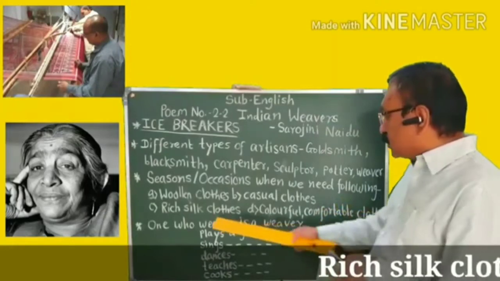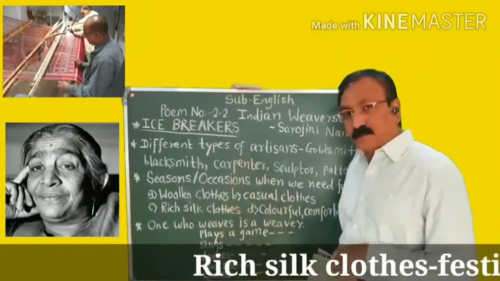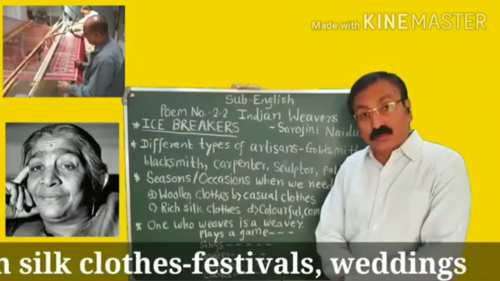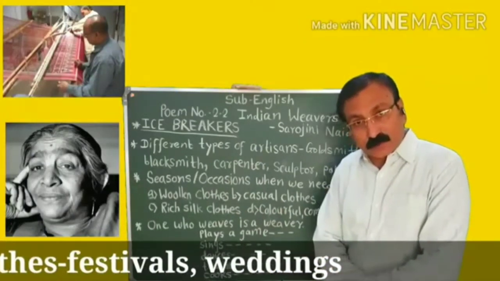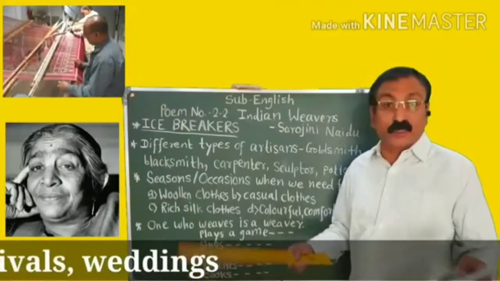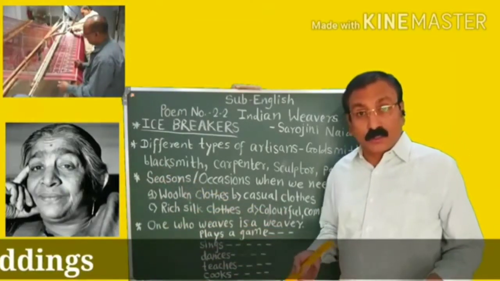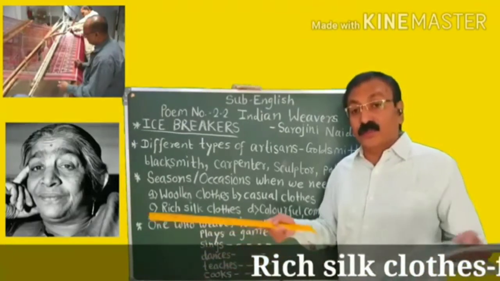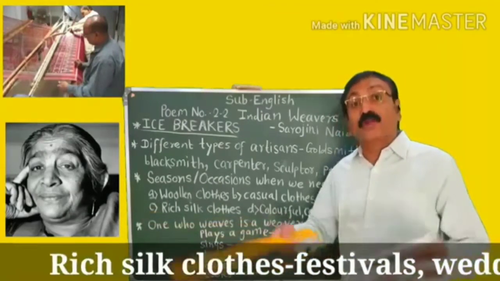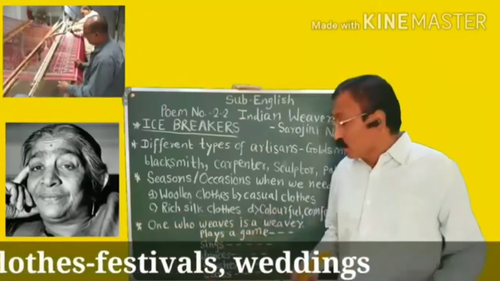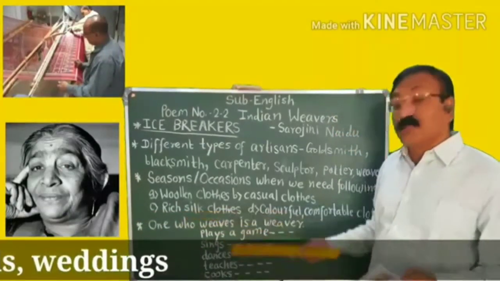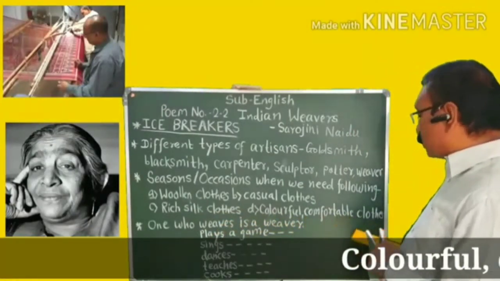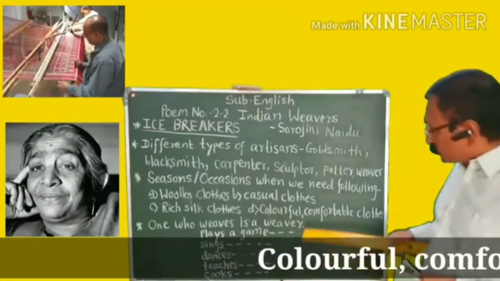Thirdly, rich silk clothes. So when do we use rich silk clothes? When there are festivals, as we celebrate different kinds of festivals in our Maharashtra state and also in our India. So whenever there are festivals or wedding ceremonies, marriage ceremonies, we use rich, silky clothes. And the last one is colorful, comfortable clothes.